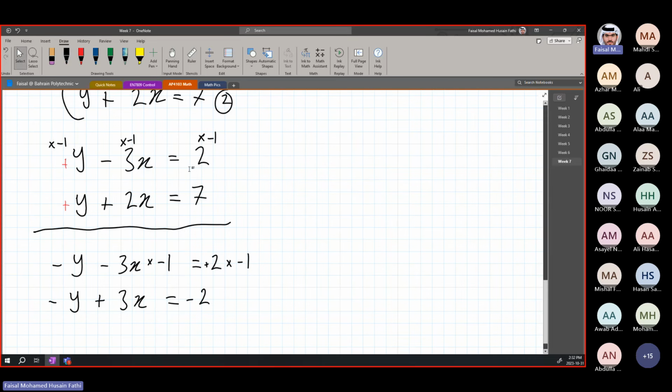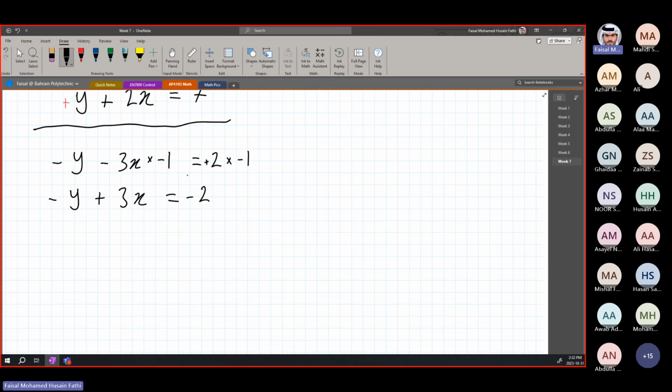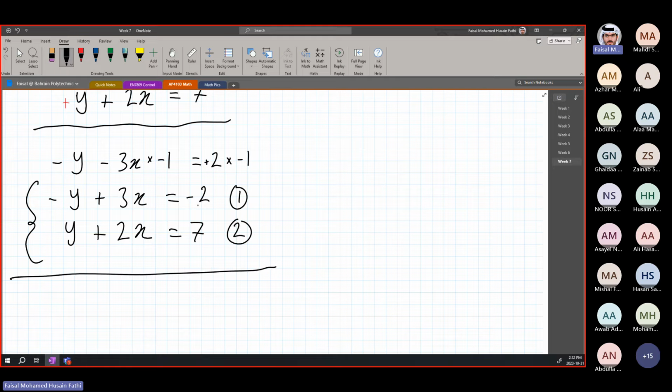All right. And now we will rewrite equation 2, which is y plus 2x is equal to 7. This is just the second equation, equation 2. So this is equation 1, and this is equation 2 of the simultaneous equation. And now we will add these two equations. The steps to do this is go step by step. We will write the first term, so minus y.